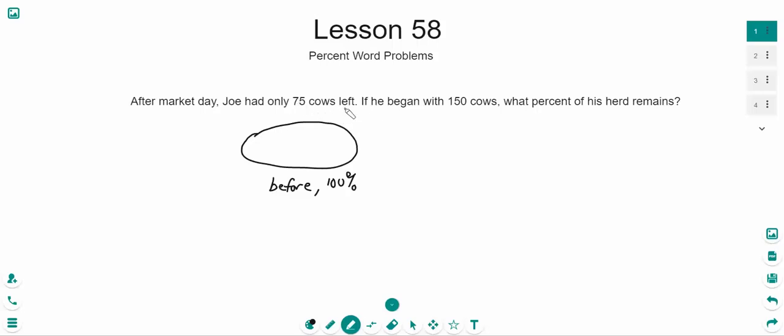So that would indicate that's what he has now, not what he had before. If he began with 150 cows, there we go. So 150 cows is what he began with, and he's ending with 75 cows. So it's pretty clear in this case that we are not growing. The number of cows has actually decreased. So this bubble is not going to be the double bubble. It's going to be the single bubble.